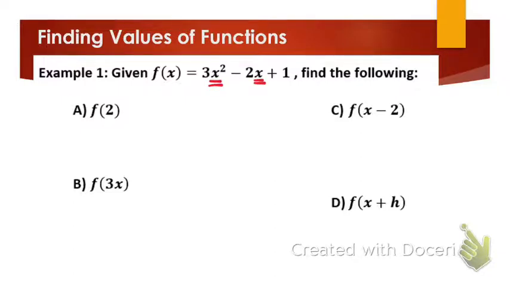For part A, to find f of 2, I always like to write the function with parentheses in every place that we have an x. So I'm just rewriting that function: 3 parentheses squared minus 2 parentheses plus 1. The first time you're going to put in a 2. Go ahead and use your calculators, type that in exactly as you see it written.